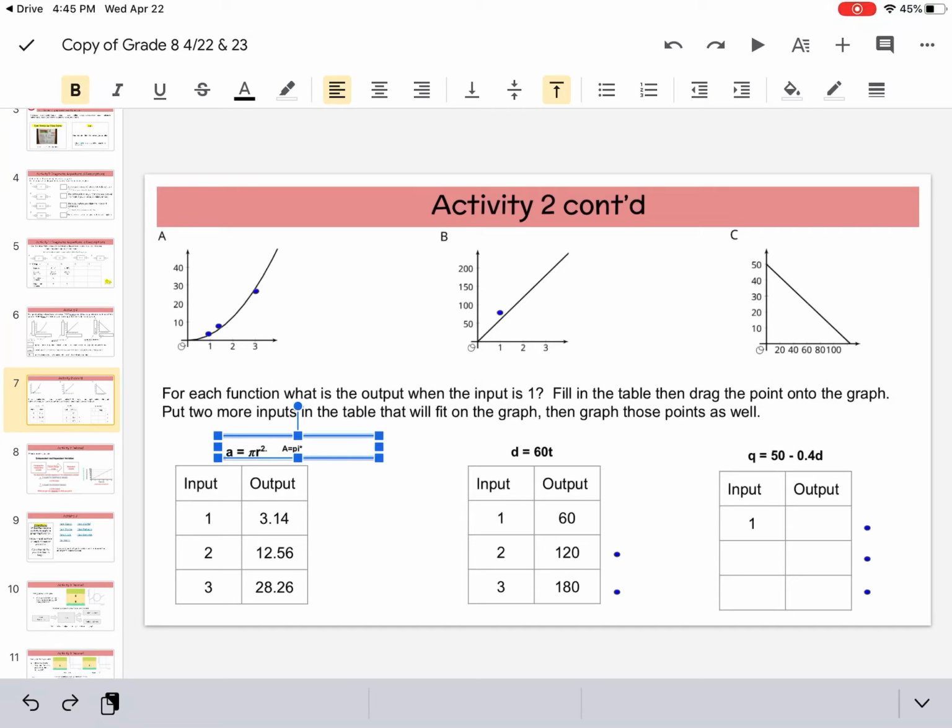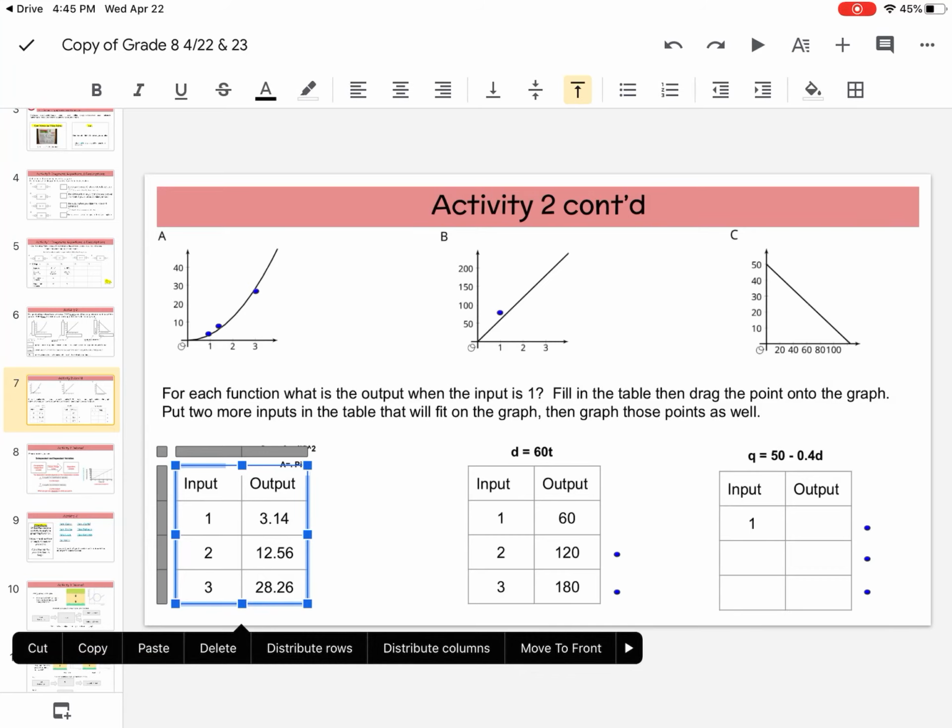So you're going to say 2 to the second power. And I know that 2 to the second power is 4. So A is equal to pi times 4. Then I can go to any calculator, I can go to Google and I can type in pi times 4, and I'm going to get 12.56.